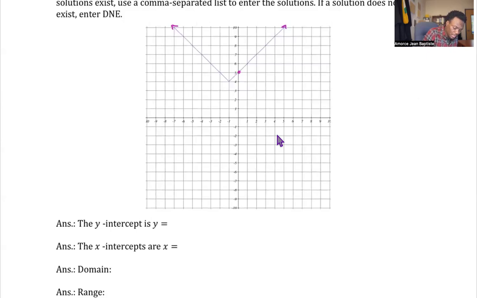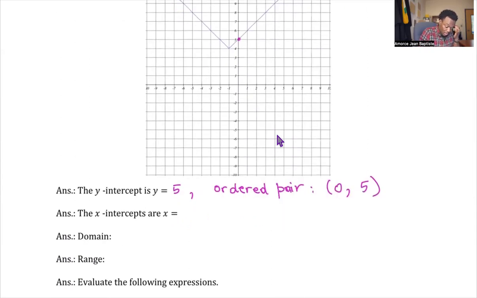For an ordered pair, that is x equals 0, y equals 5. And then the x-intercept. See, that's the x-axis. The line is above it, and it never goes on it. So then we would have that this does not exist.